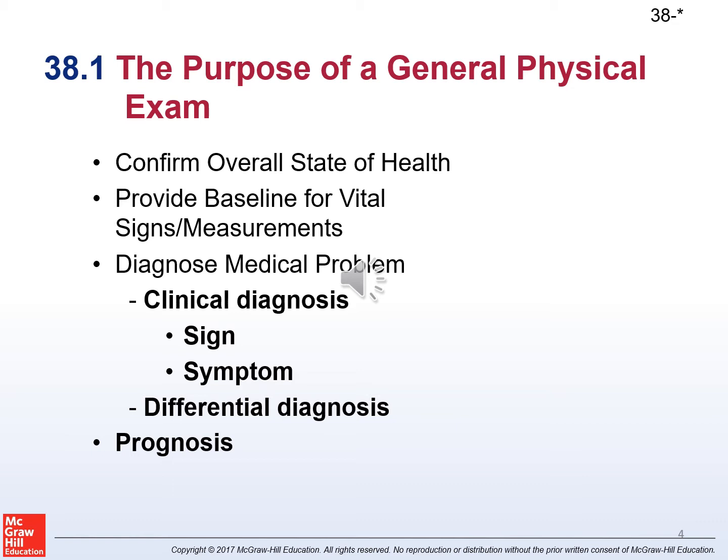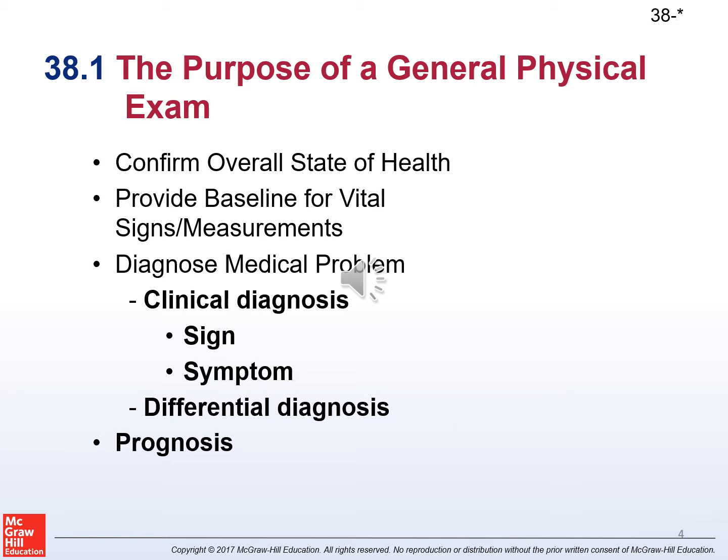A sign is objective information that is seen visually by the practitioner or proven through testing. A symptom is subjective information supplied by the patient. Signs and symptoms are assessed to determine the correct diagnosis.